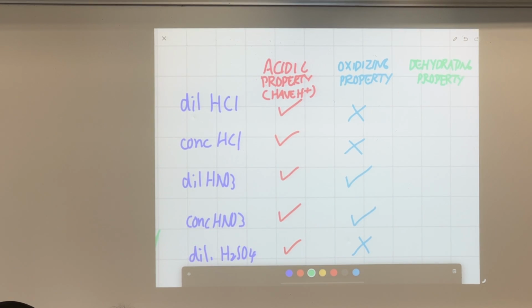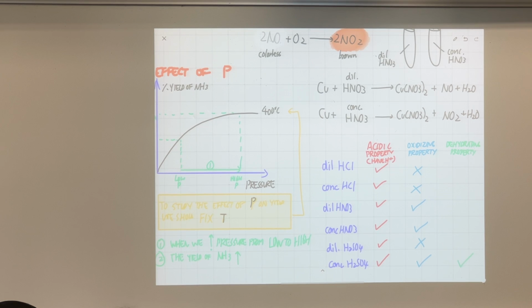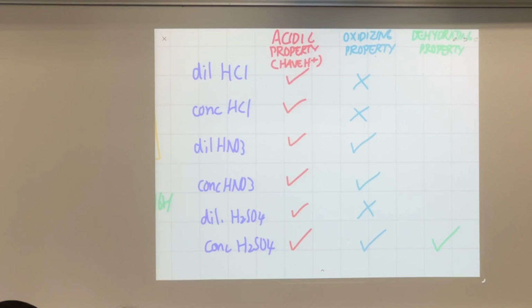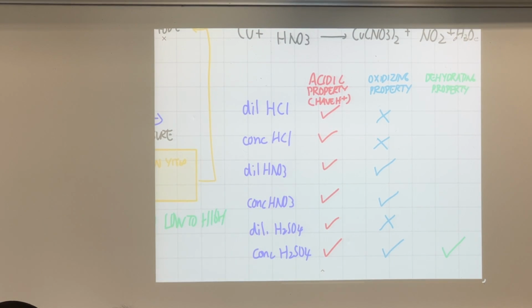Can you put down just one tick in conc sulfuric acid, and put down a star next to the acidic property. Because copper, while it doesn't react with ordinary acid, can react with dilute HNO3, conc HNO3, and conc sulfuric acid. So just put an extra point in here.